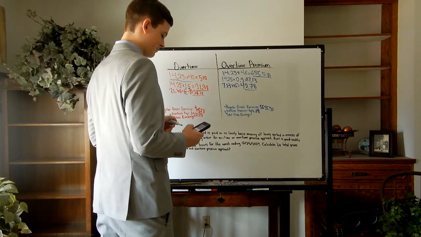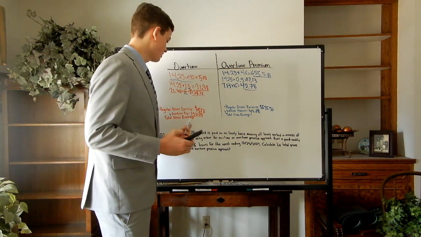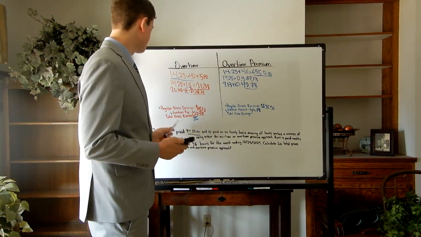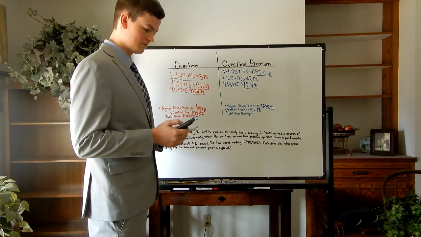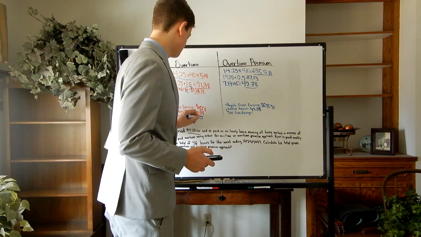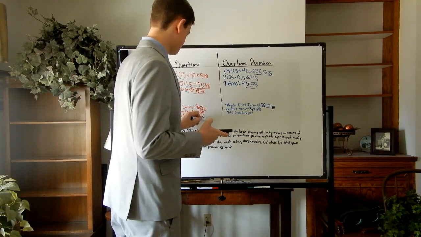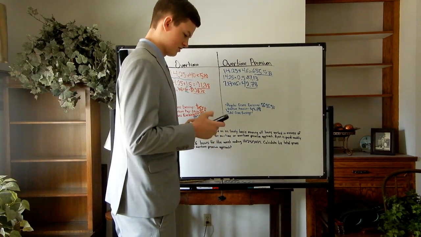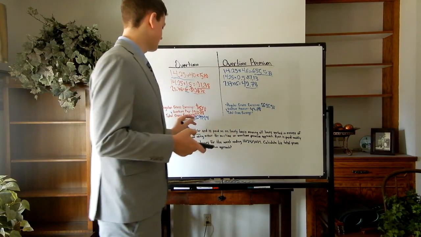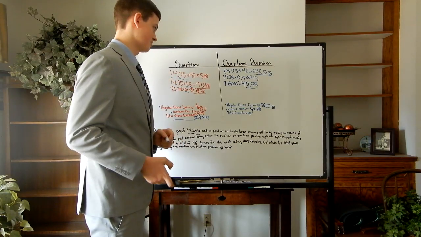So when you take $570 plus $128.28, your total gross earnings will be $698.28, I believe. Hold on, let me just check. Yep, it is. Okay, $698.28 for total gross earnings for this approach.